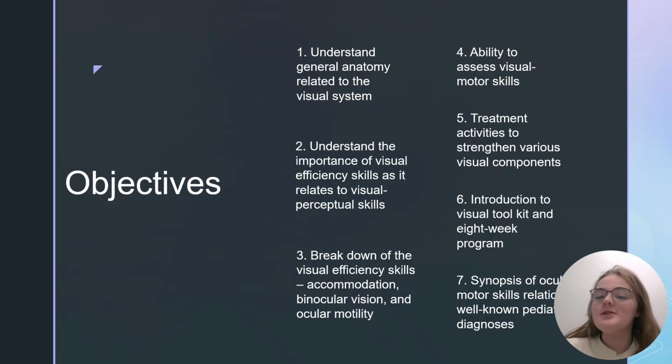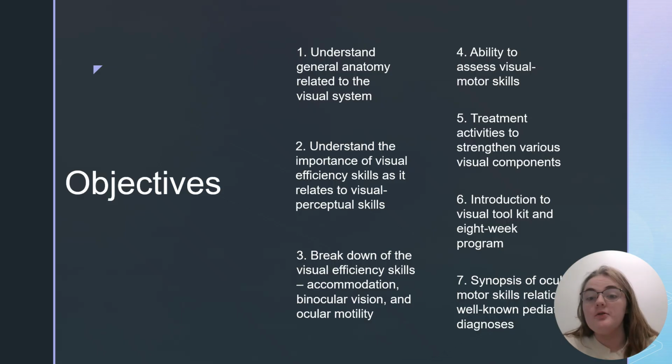And then we're going to get into introducing the visual toolkit and visual program that I've put together. The visual program is more so bringing instruction on how to screen for these visual efficiency skills, and has some of these ideas for intervention.